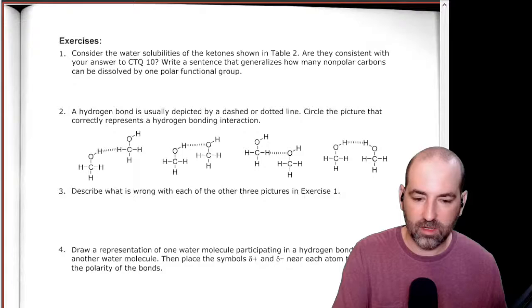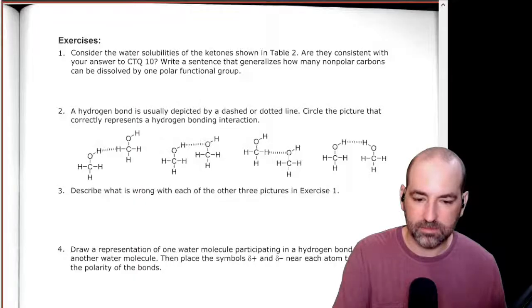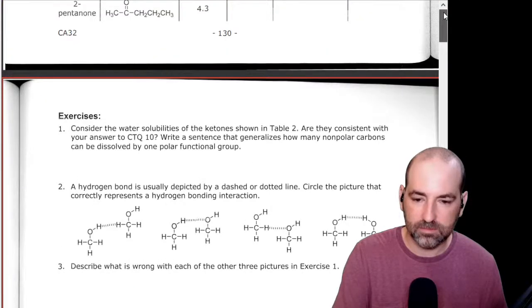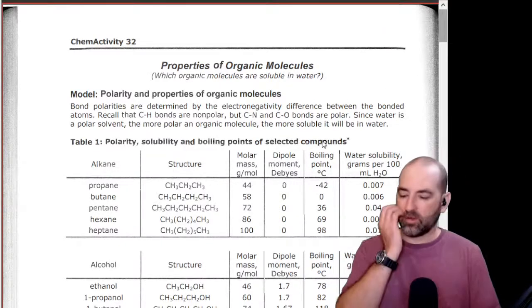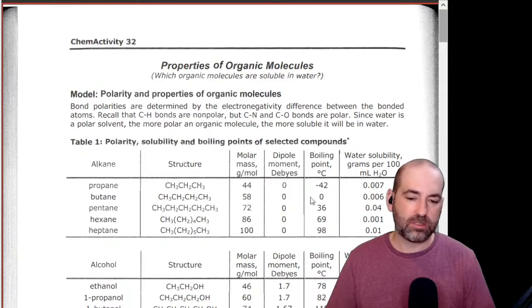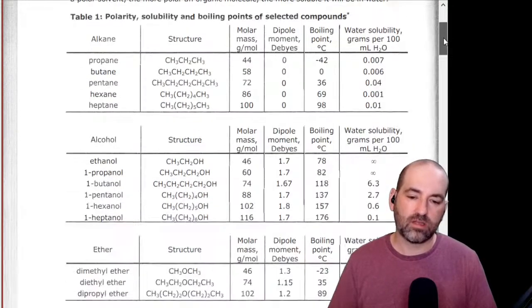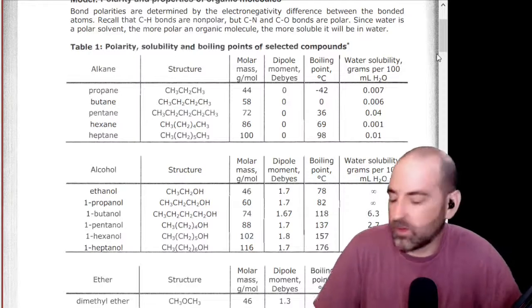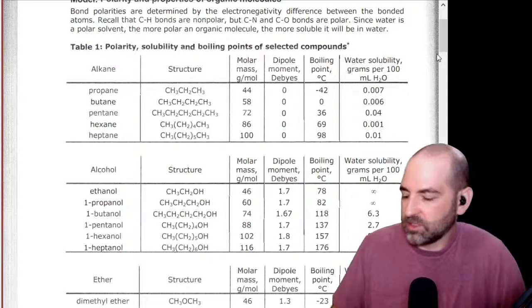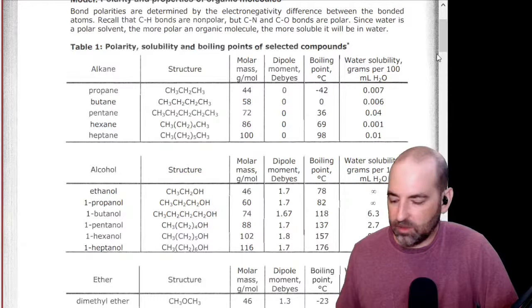So let's take a look here. This is the other part of the assignment. So now that you know some things about the structures, we can start looking at their properties. And this is another one of those activities where it starts relatively simply and then builds up from there.